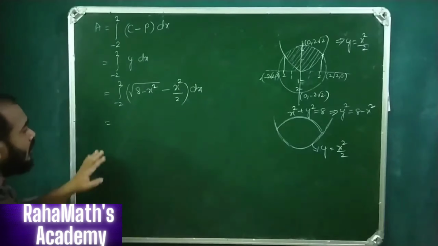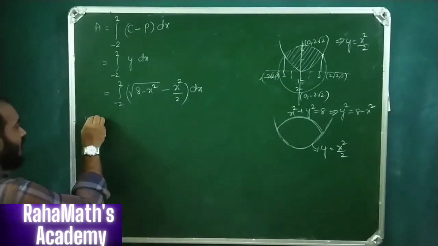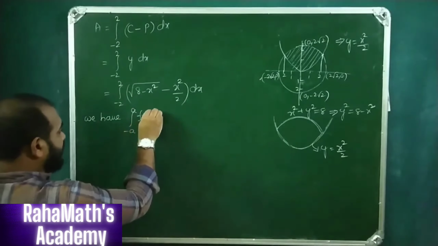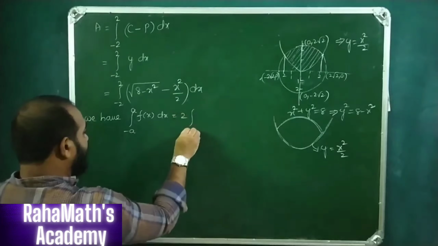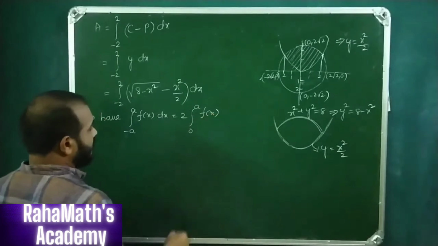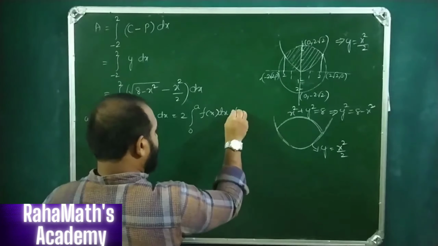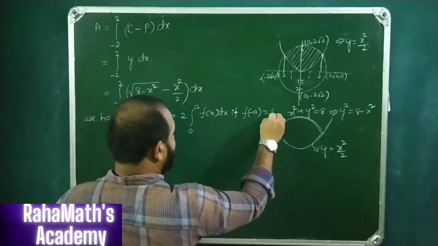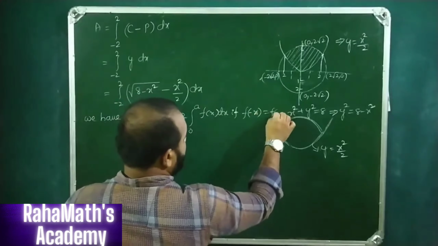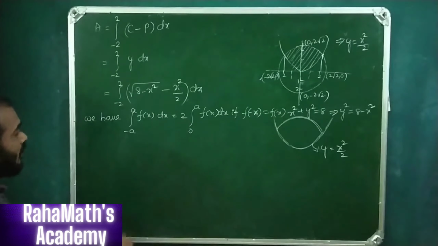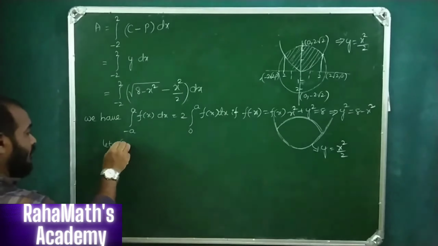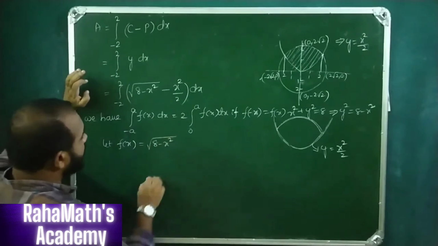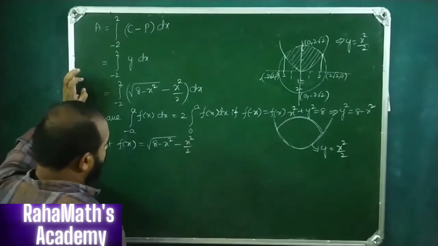We have a property that the integral from minus a to a of f of x dx is equal to 2 times the integral from 0 to a of f of x dx, if f of minus x equals f of x. So let f of x be the square root of 8 minus x square, minus x square by 2.